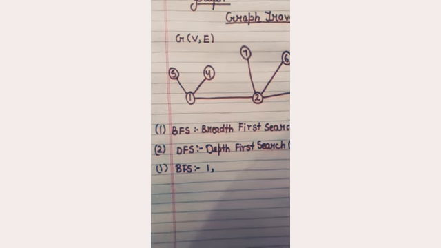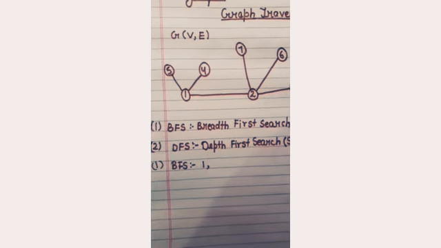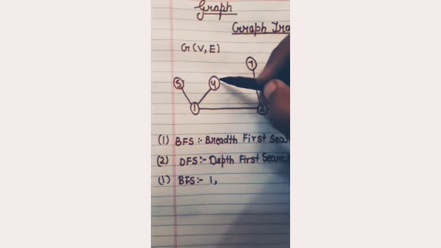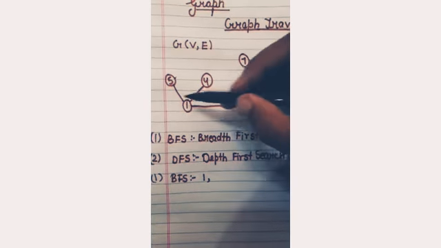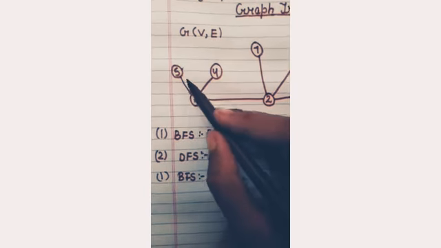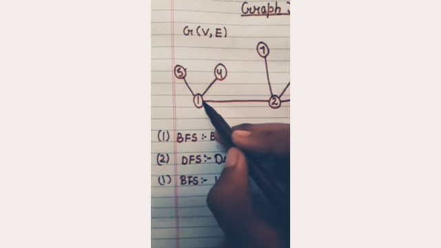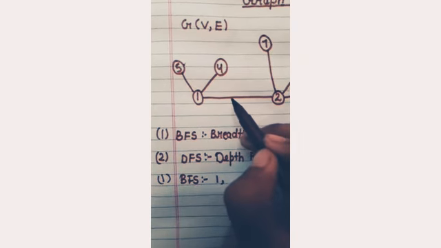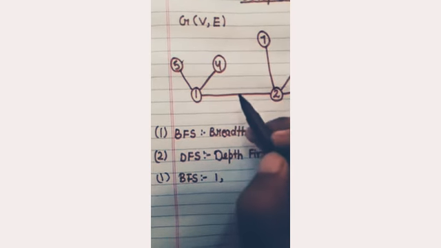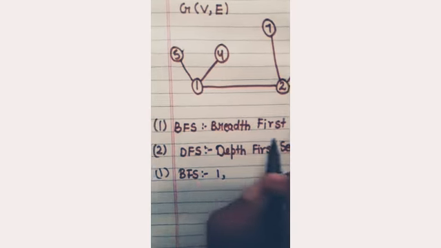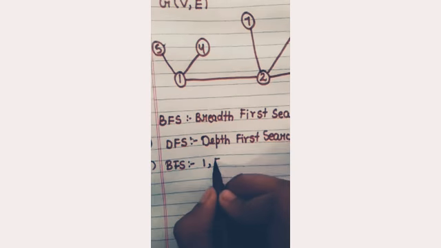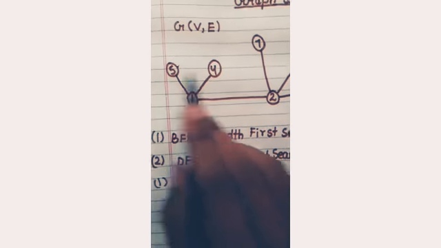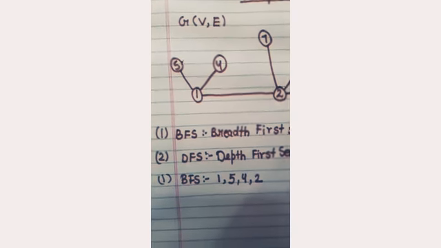By adjacent I mean those vertices which are directly linked to the first. 5, 4, 2. They are the adjacent vertices. Why? Because they have direct edges connected through 1. So 5, 4 and 2, they are the adjacent vertices. You can write their name in any order. So 5, 4, 2 are the adjacent vertices of 1.